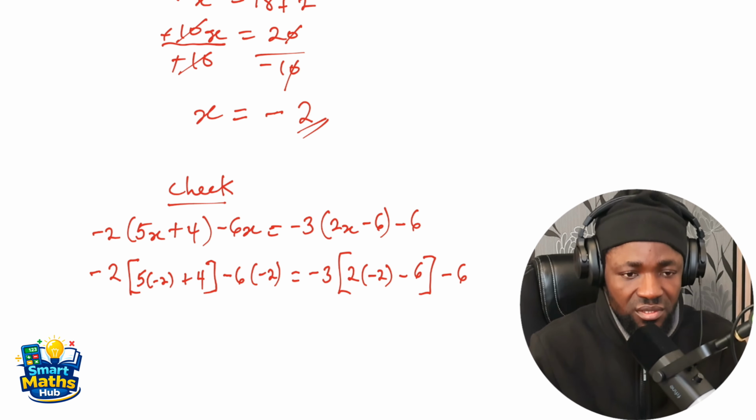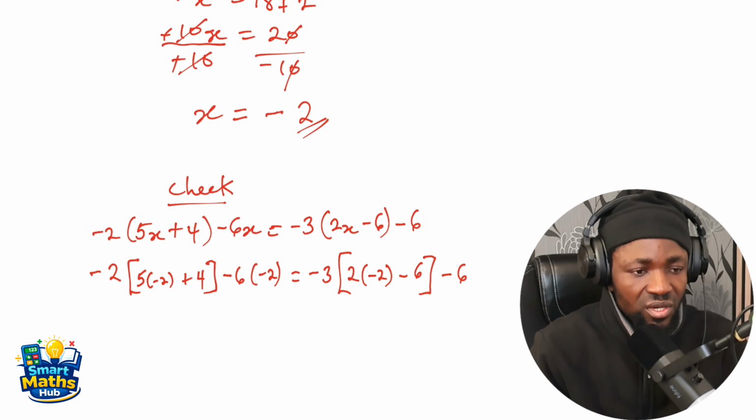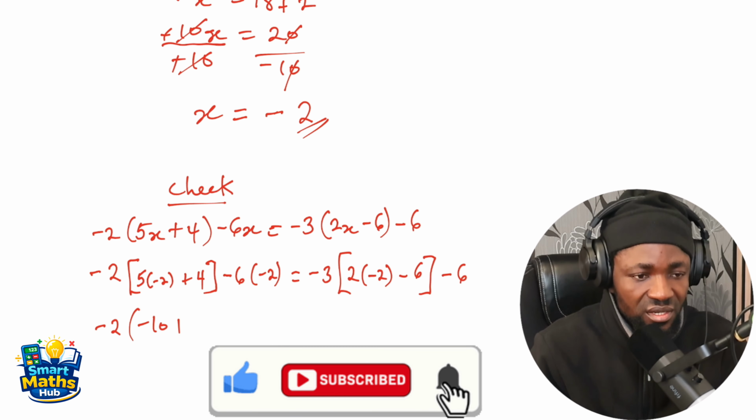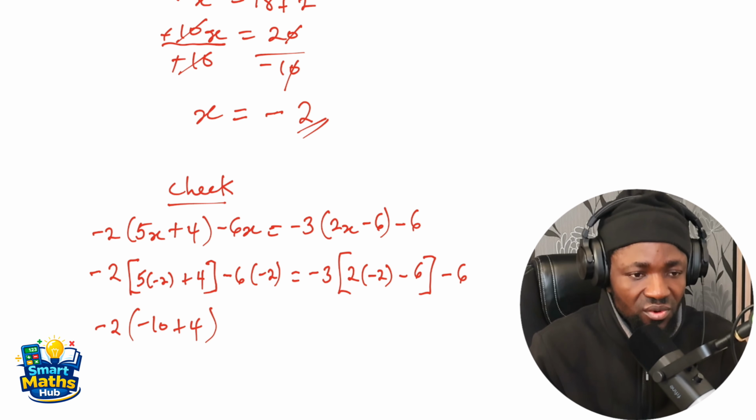Minus 2 still remains minus 2, right? Open the brackets. Now here what do we have? We have minus 10 plus 4. Close the brackets. Here what do we have? Minus times minus, we have plus. 6 times 2, we have 12, right?